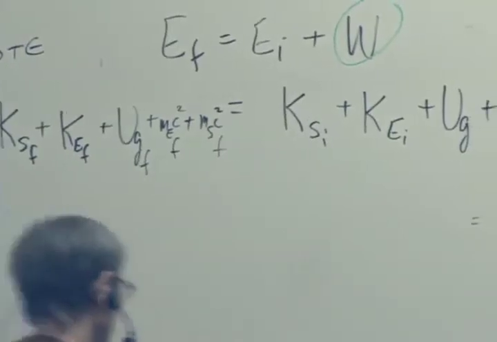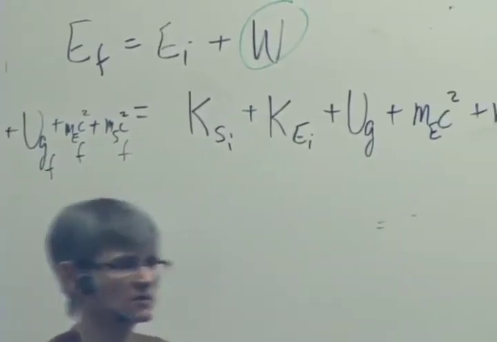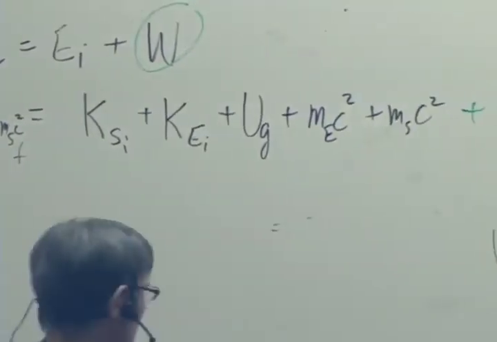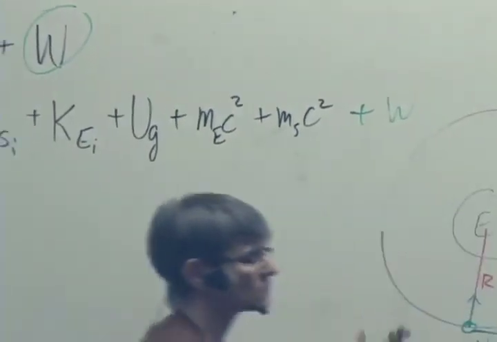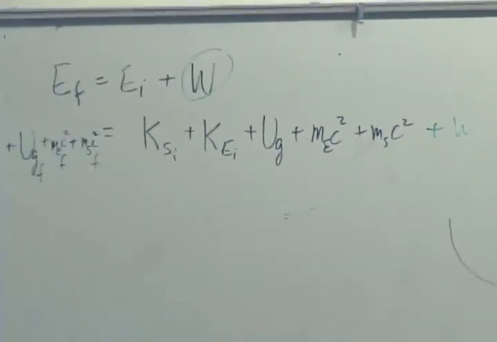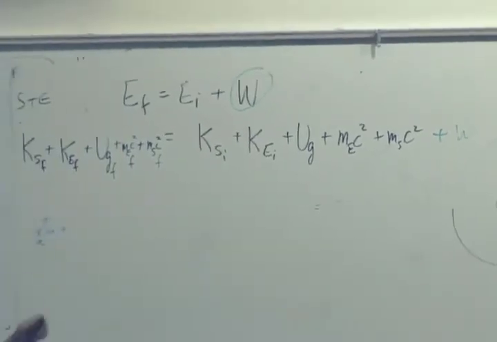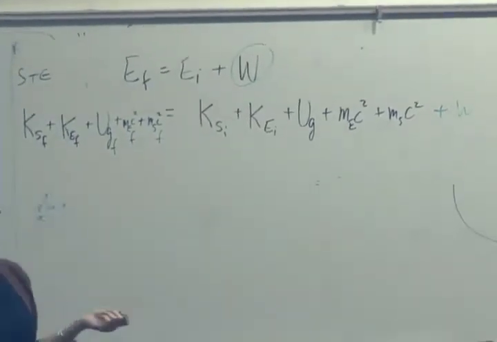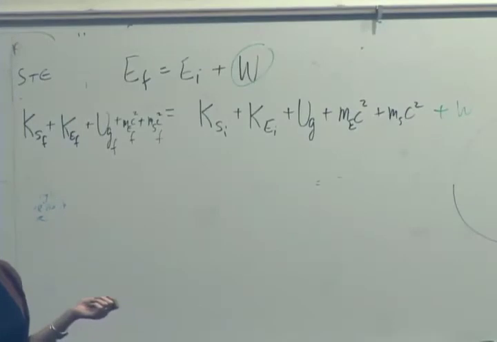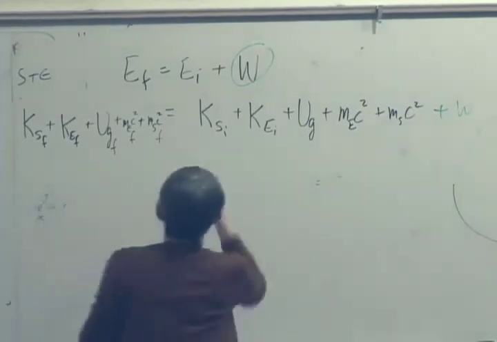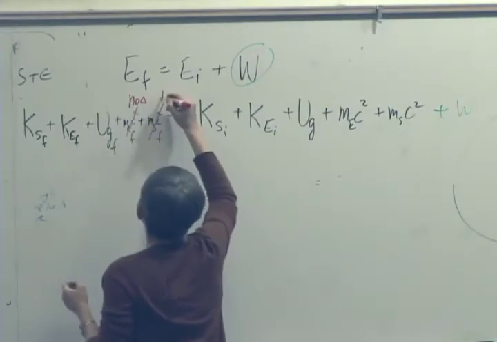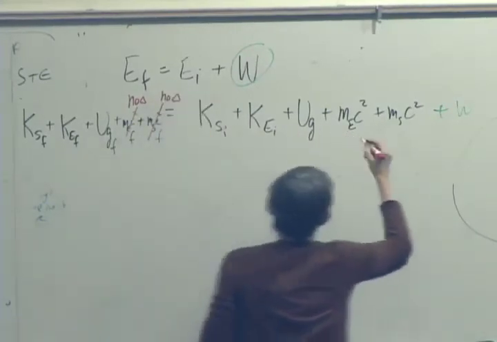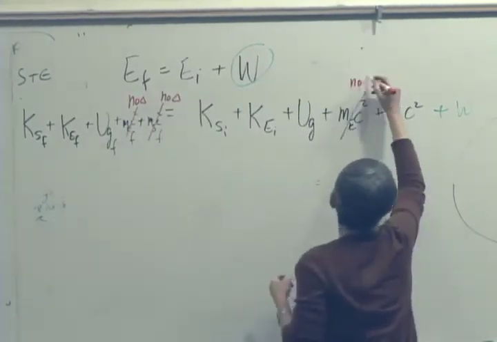So that looks like the equation. This is what I expect to see when you work these problems. The next thing we do is ask, is there anything that doesn't change? The rest energies don't change, so we can say no change. I'm just writing no delta as a shorthand.